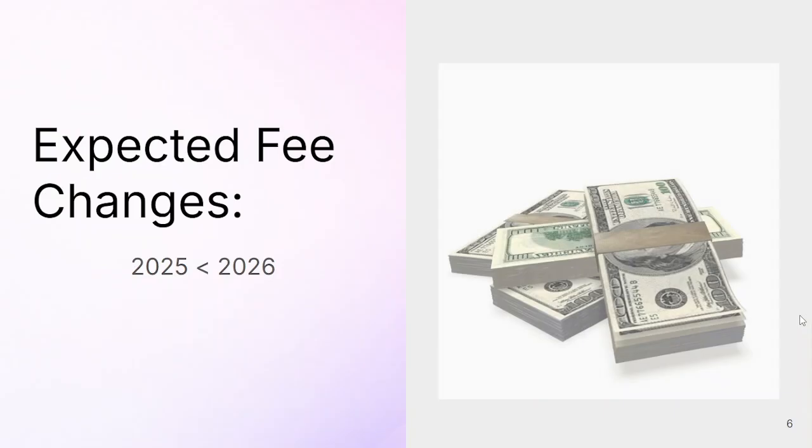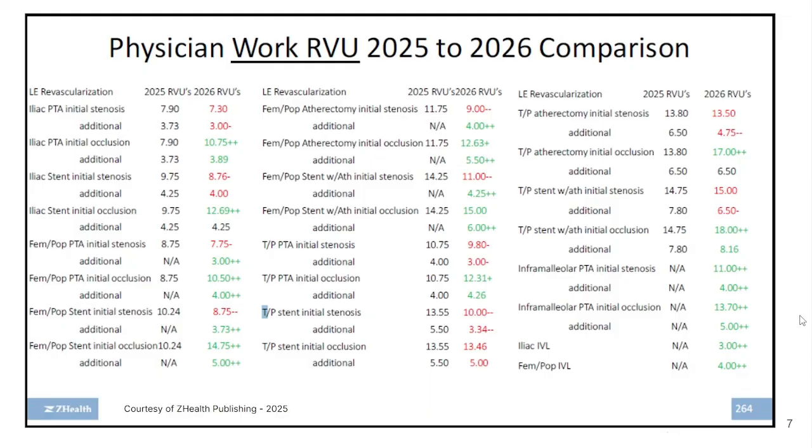So let's discuss some of the fee changes for 2026. This has been provided by Z-Health, and it's just a basic comparison between 2025 and 2026 RVUs for next year. And this is a lot of information. We could use it to examine specific CPT codes.